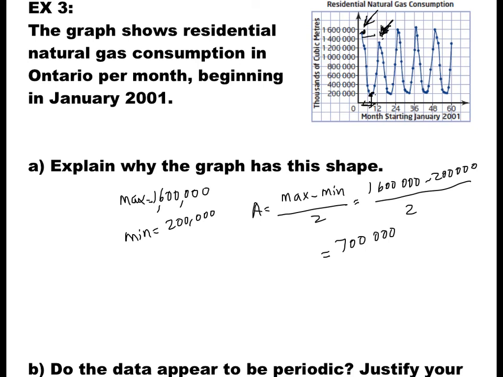And if we find the distance from here to here, we can see that distance is 12 months, which makes sense because 1 year is 12 months, and the pattern repeats. If we start from winter, in 12 months we're going to end up in winter again.